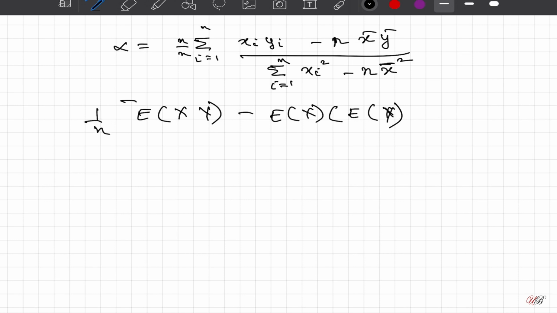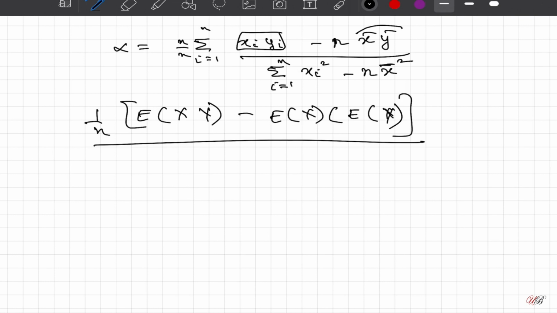If we take this n outside, this numerator resembles something like this, because this would be xi yi upon n, and this would be just expectations of x and y, and the term in the denominator represents the variance of x.